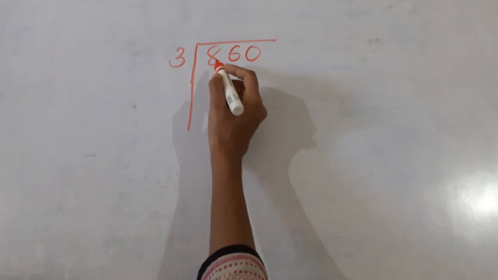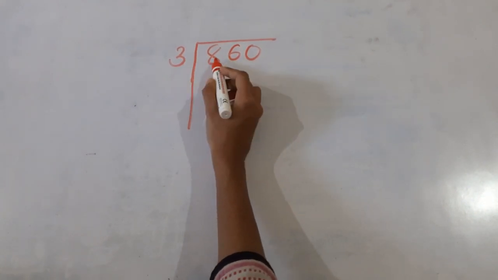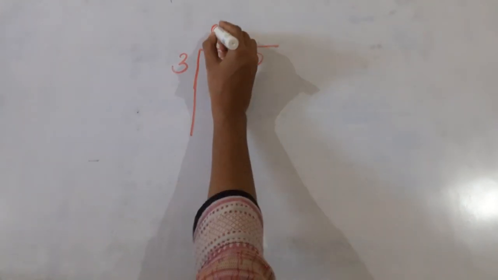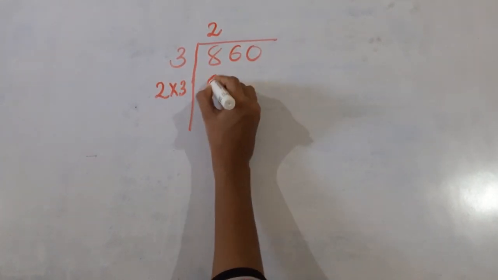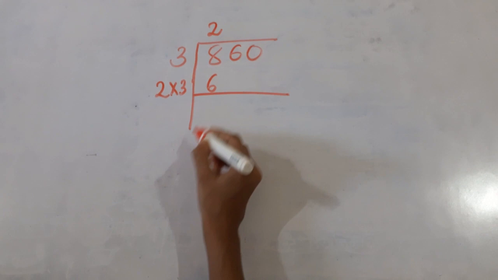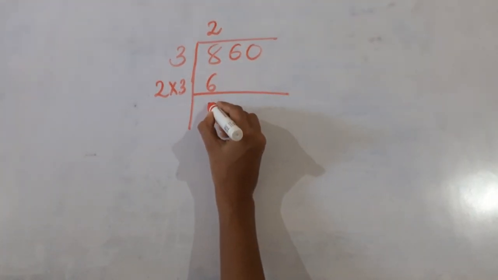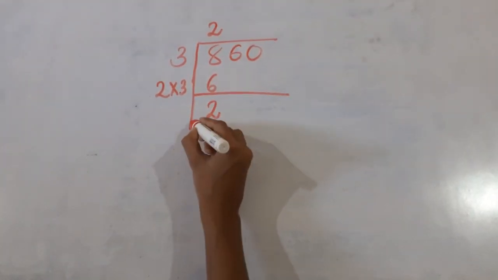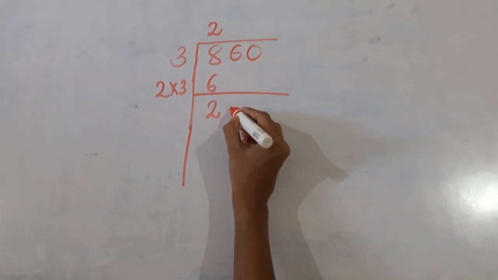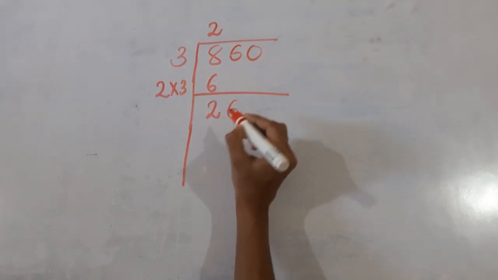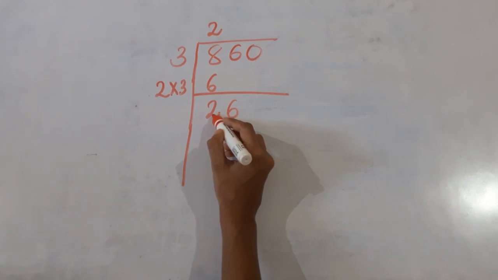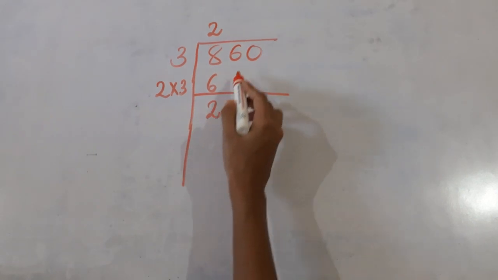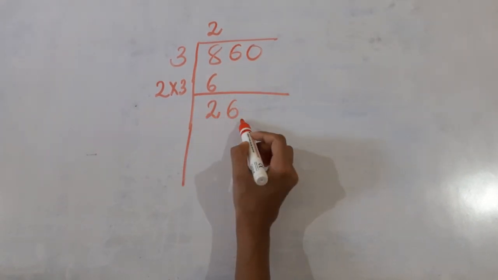Okay. So now tell me how many 3s are there in 8? There are 2. So 2 3s are 6. 8 minus 6, that is 2. Now I will write 6 here, because in 2 there is no 3. So we want to write 6 here, that is 26.